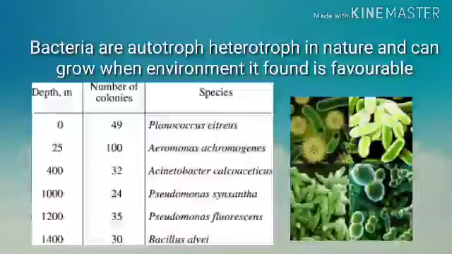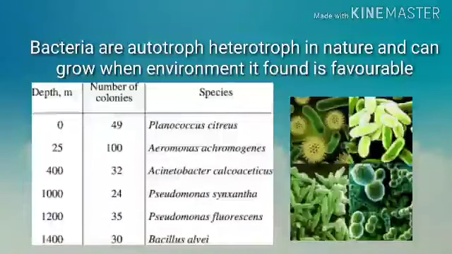Bacteria are autotrophs and heterotrophs in nature and can grow when the environment they are found in is favorable for them. As you can see here, the depth in meters and the number of colonies show the type of species of bacteria found in that particular environment.